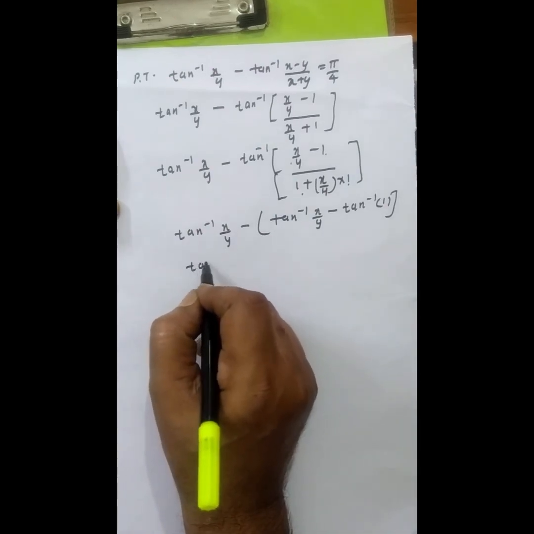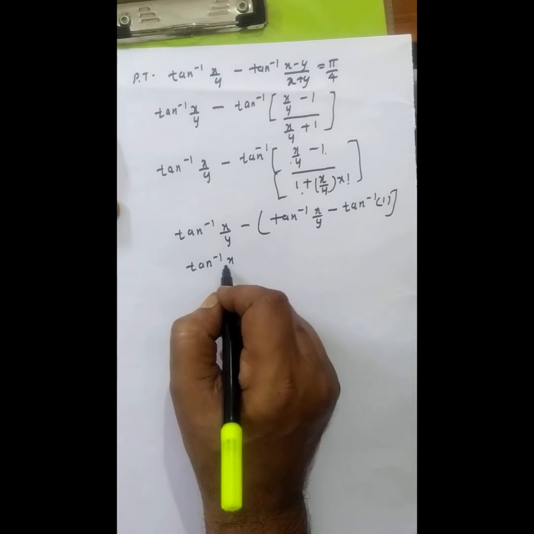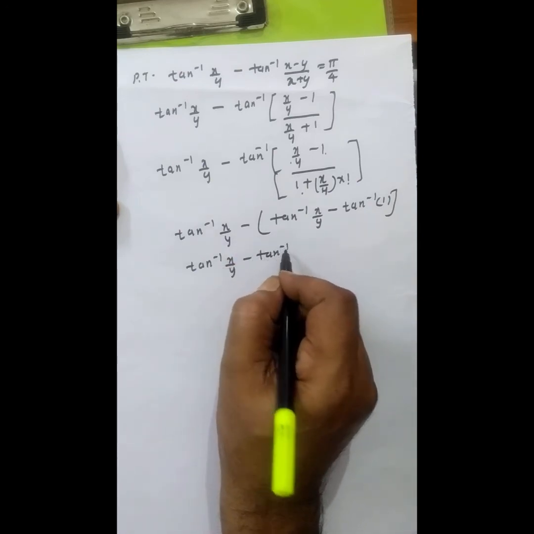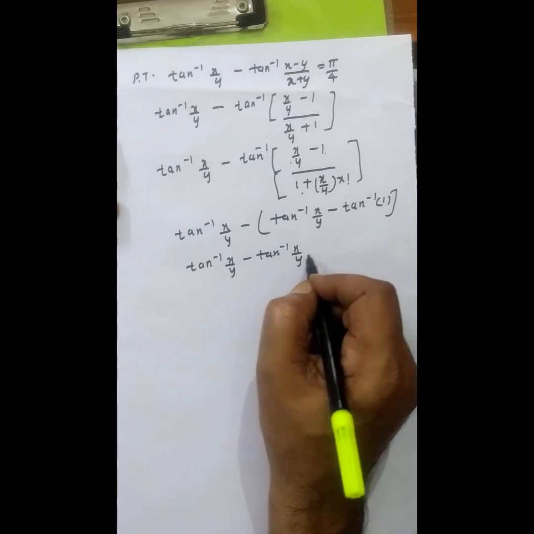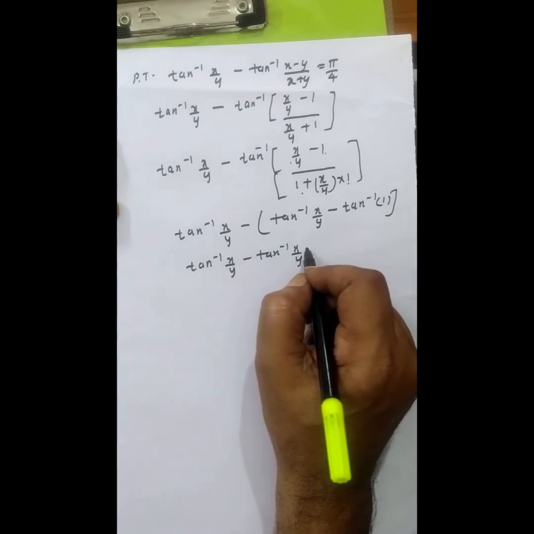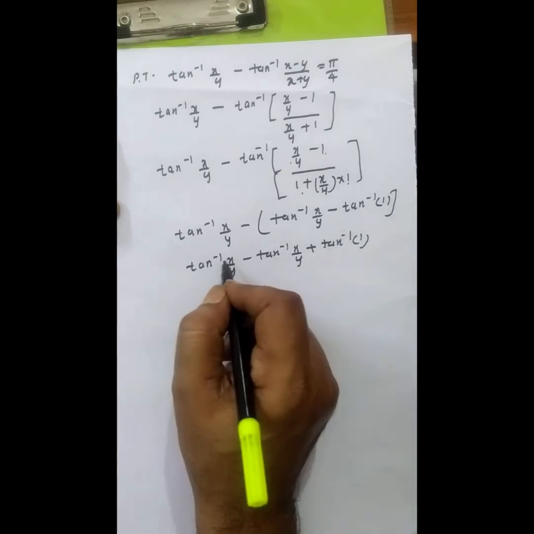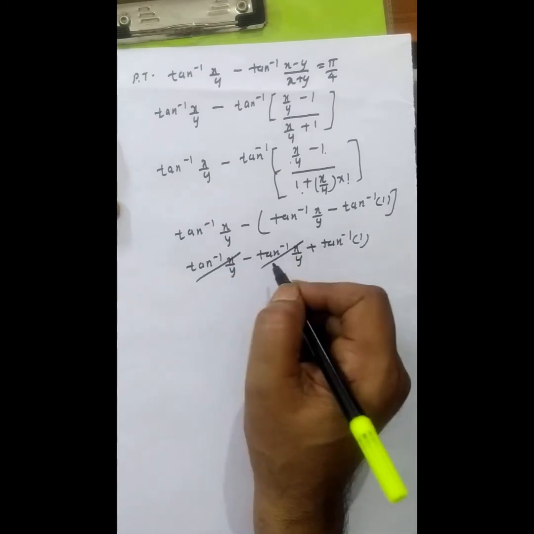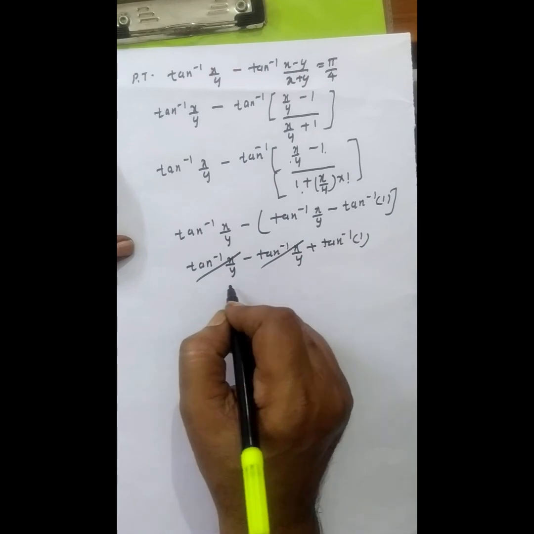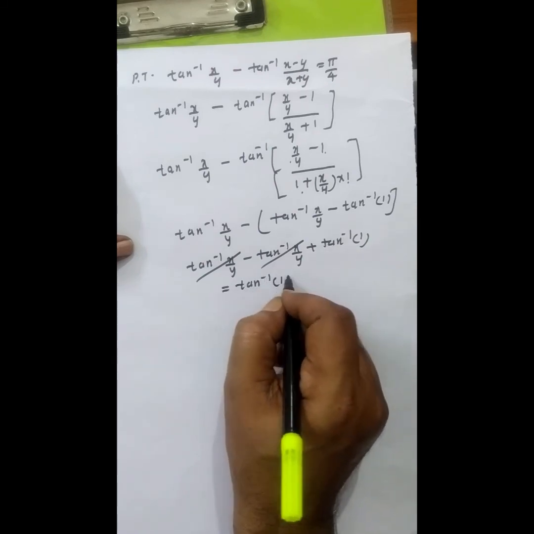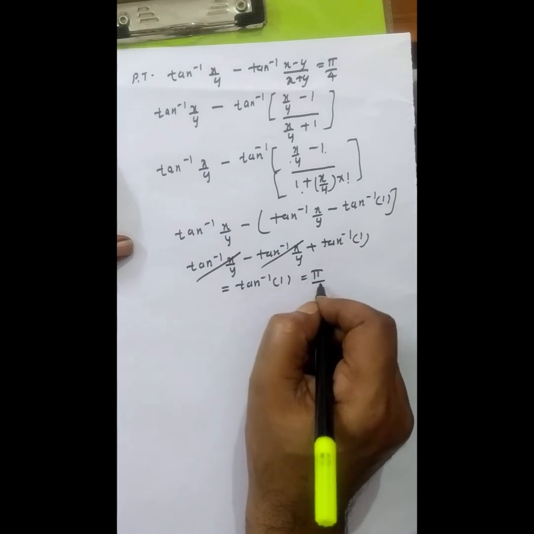So this is same as tan inverse of x upon y. If you take minus inside, minus tan inverse of x upon y, minus into minus is plus tan inverse of 1. Plus tan inverse of x upon y minus tan inverse of x upon y will get cancelled. So we will be left with tan inverse of 1. Tan inverse of 1 is pi by 4.